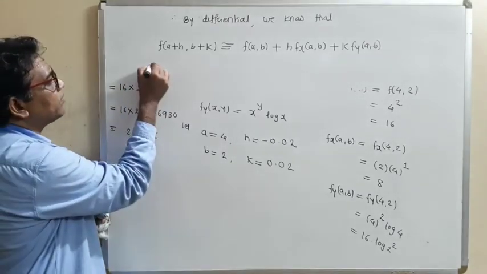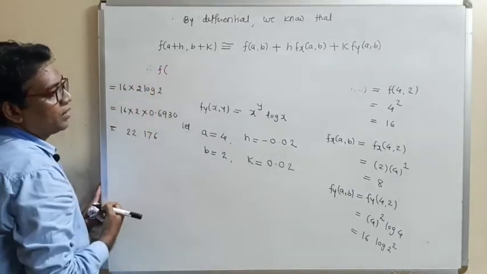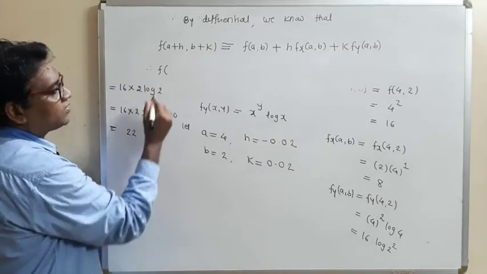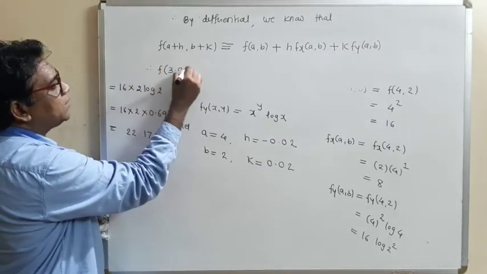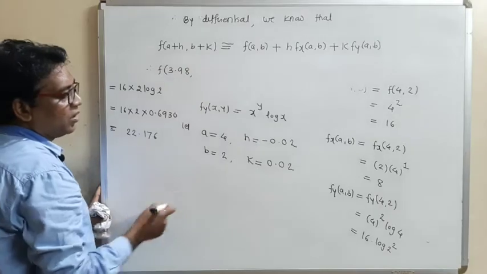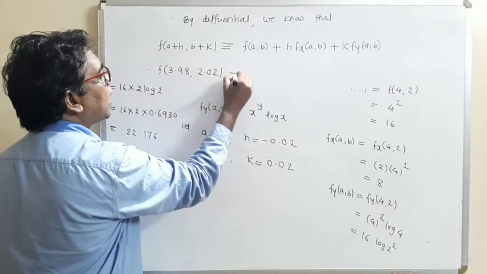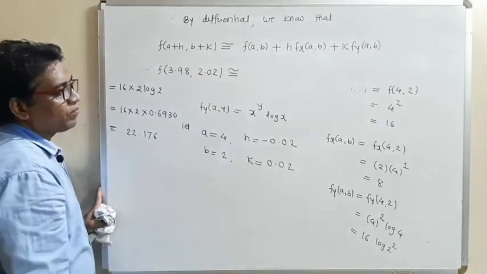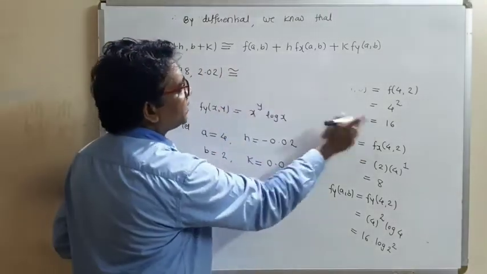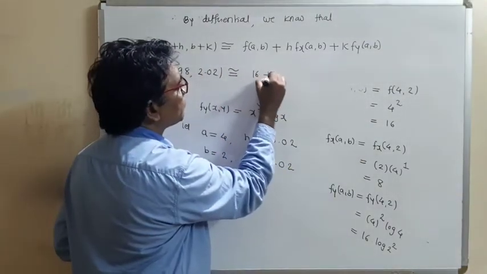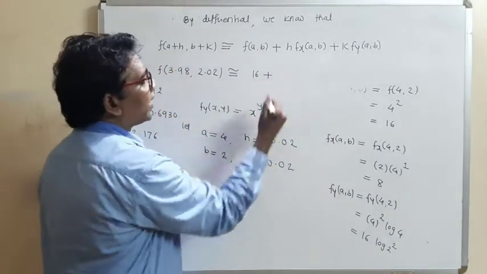So just put the values. So this is f of a plus h, b plus k. What is a plus h? This a plus h will be 3.98. What is b plus k? It is 2.02. Approximately it is given by f at ab, which is 16. What is the value for h?